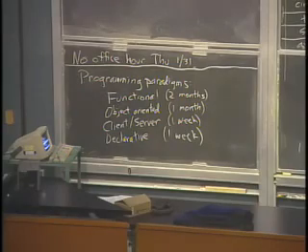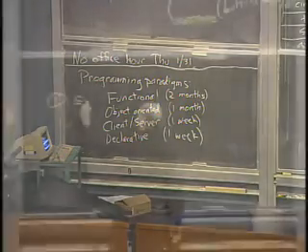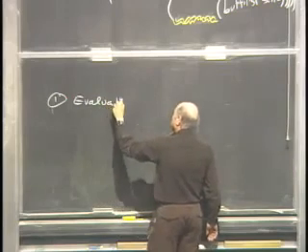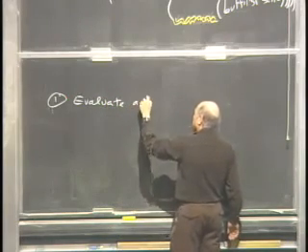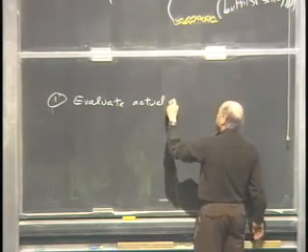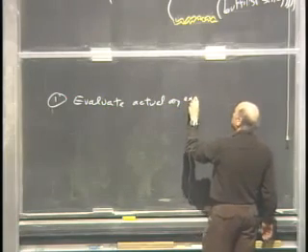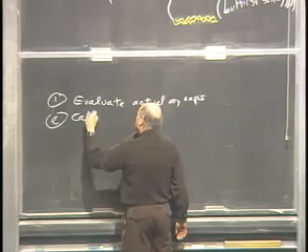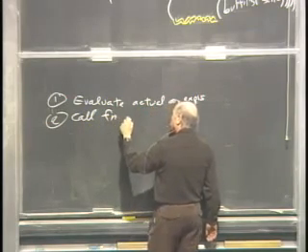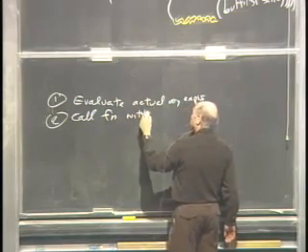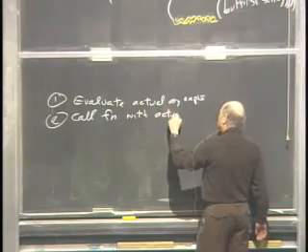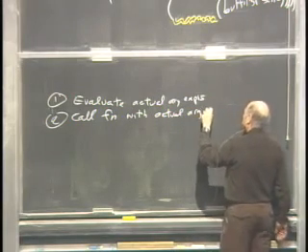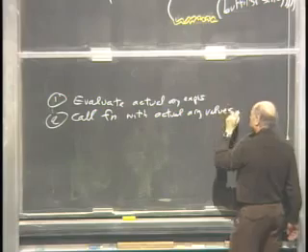So, step one. Evaluate the actual argument expressions. Step two, call the function with actual argument values.